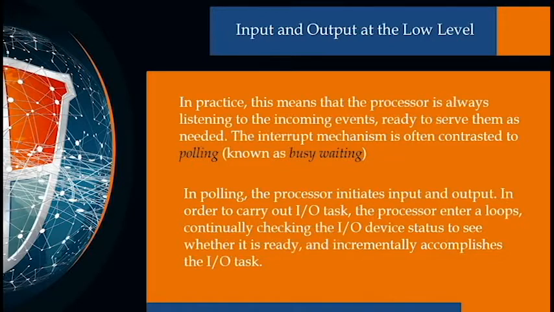In polling, the processor initiates input and output. In order to carry out output tasks, the processor enters a loop, continually checking the input-output device's status to see whether it is ready, and incrementally accomplishes the IO task.